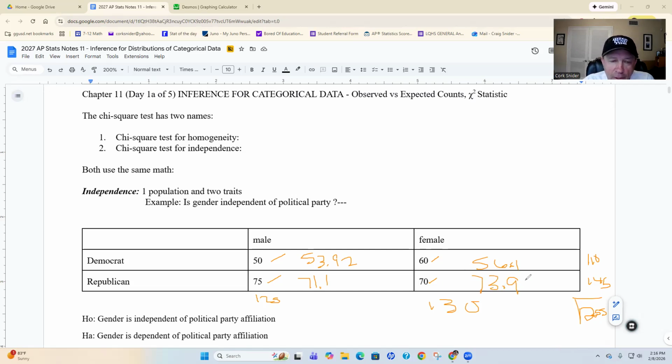Now, those are the expected values. Then you have to get the chi-square terms. There are 4 terms here.